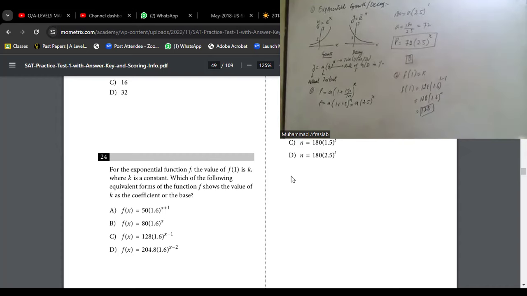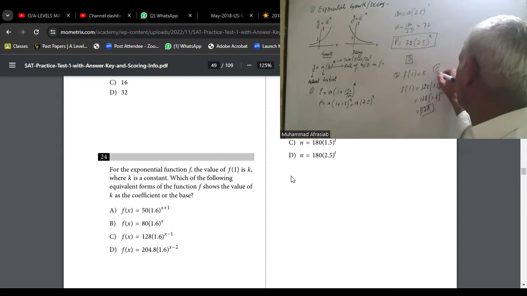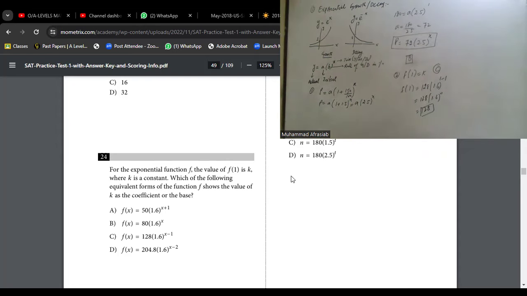So the right choice for this portion is C. C is the right choice for this question.